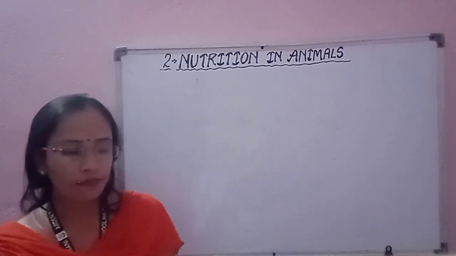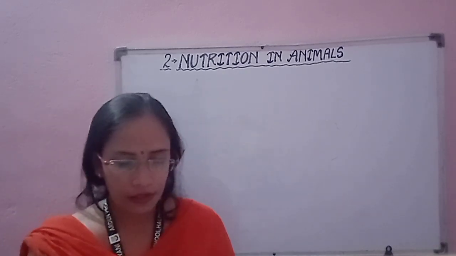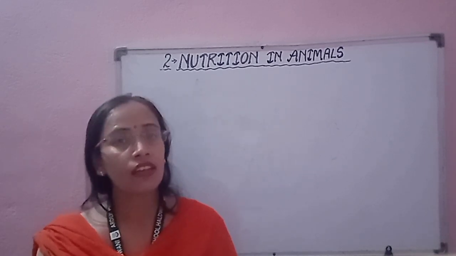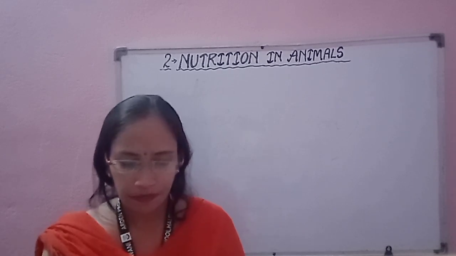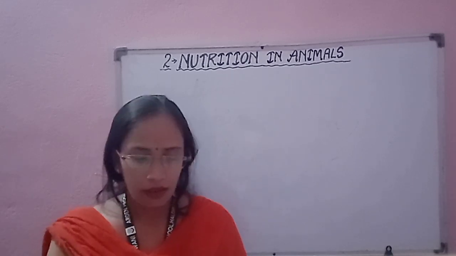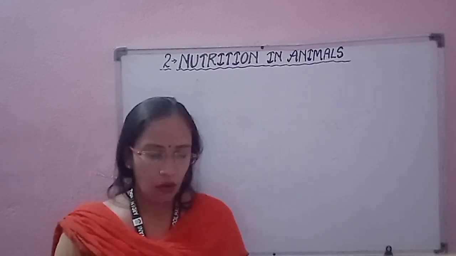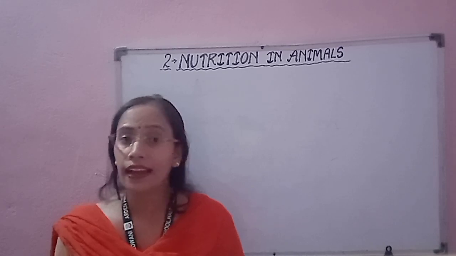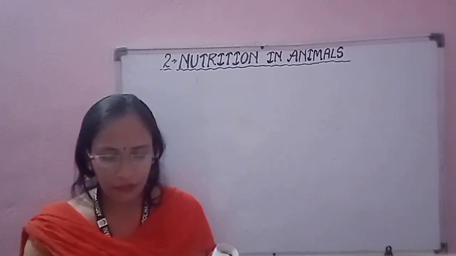Now match the following. Your fourth one is match the following. Carbohydrates match with sugar, proteins with amino acids, fats with fatty acids and glycerol. Now question number 5 is: what are villi? I have told you just now. What are villi?